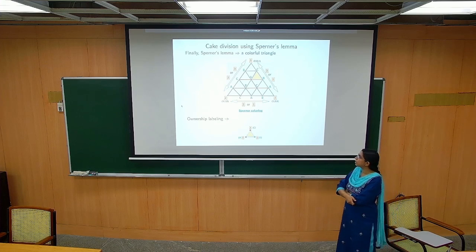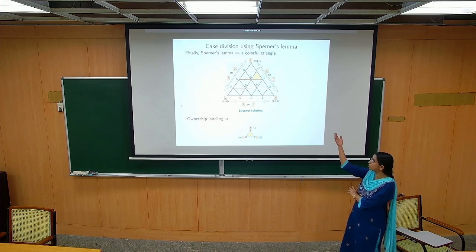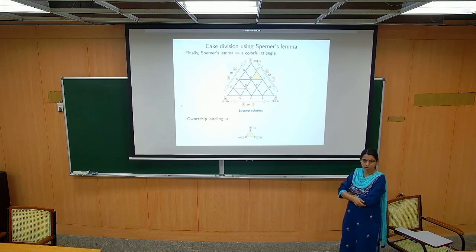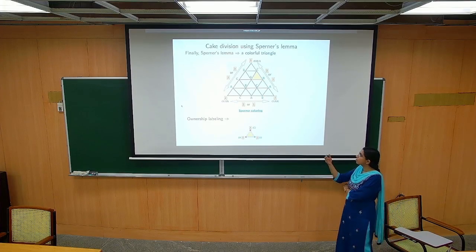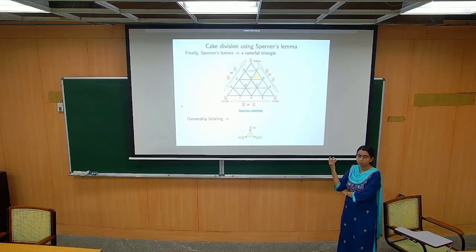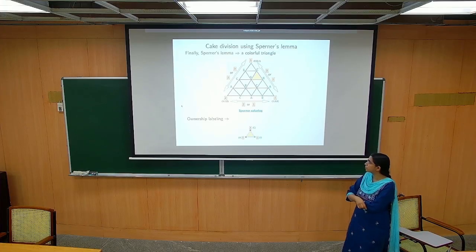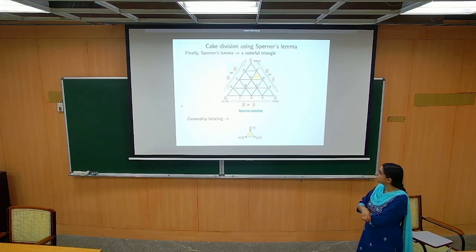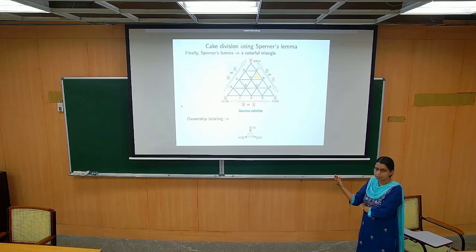That procedure can take time which is proportional to the number of elementary triangles. As you make the triangulation finer and finer, the number of vertices or elementary triangles goes up. It's not going to be polynomial in the number of agents, but the time will depend on how fine our triangulation is. So this is also not a very nice polynomial time procedure.